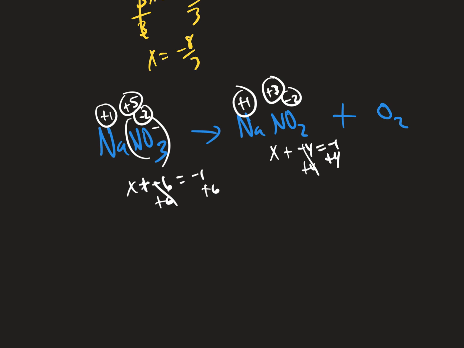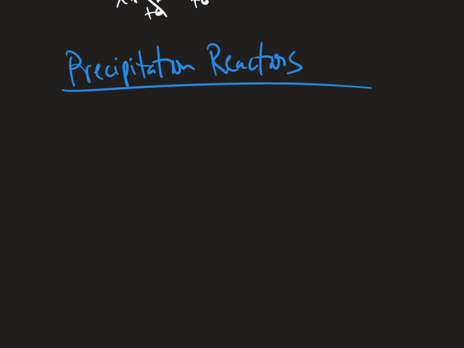Let's do precipitation reactions. First of all, we need to determine what is soluble in water, because if it's soluble in water, then we're going to say it's aqueous.